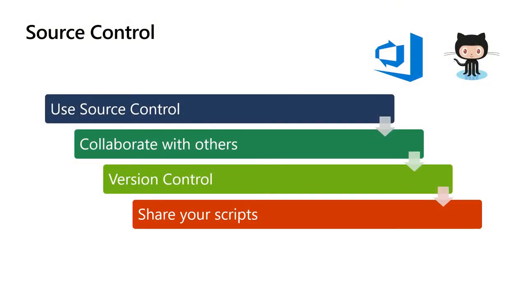So one of the things that shouldn't come as a surprise is whenever you're writing any kind of code or any kind of configuration, use source control. Doesn't matter if you use Git or Team Foundation Server or any other version control system, but you need to have some kind of version control.